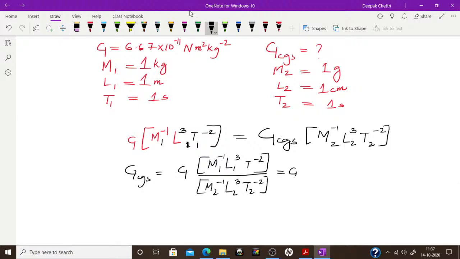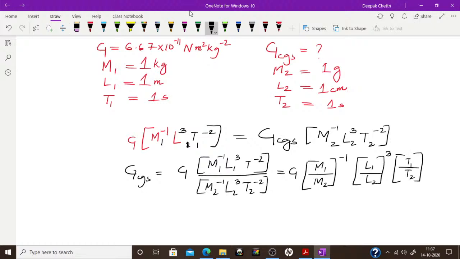So this will become G times M1 by M2, same power, so under the same bracket, to the power minus 1, times L1 by L2 whole cube, times T1 by T2 whole to the power minus 2. Right, this part is clear or not?